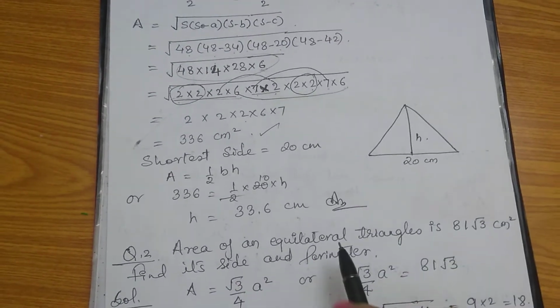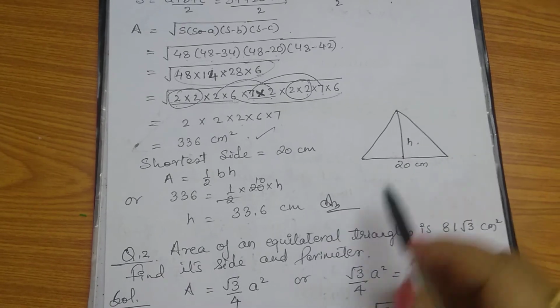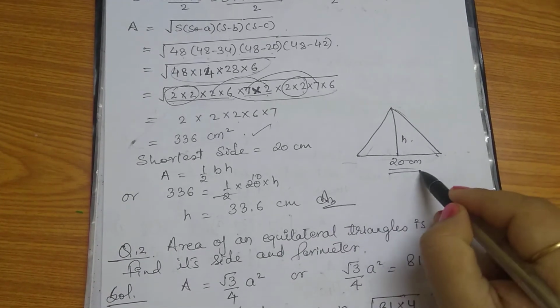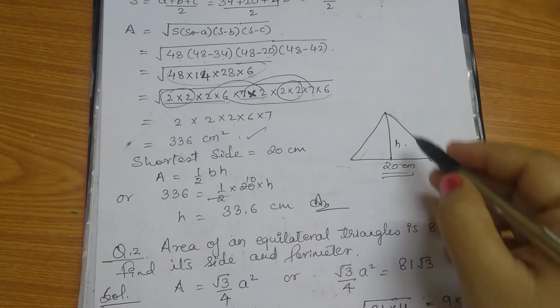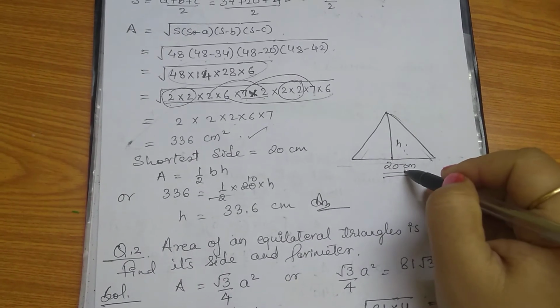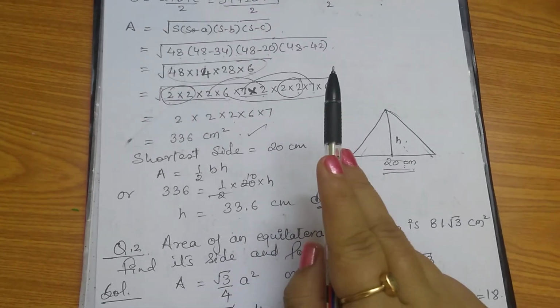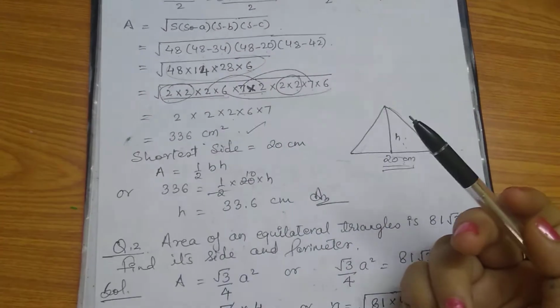Now come to the second half of the question, which says you have to find h for the shortest side. If I take the shortest side as the base, h is the height falling on it, right? The area is already found.